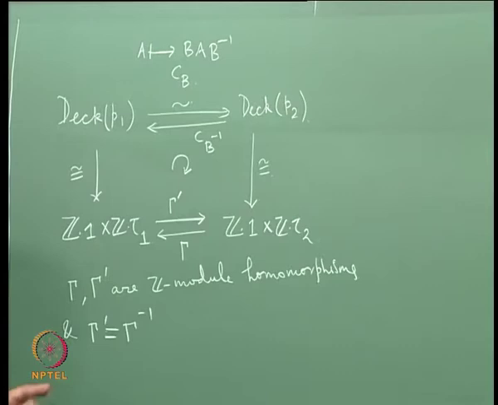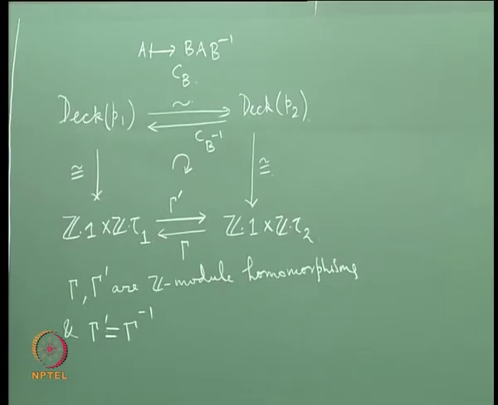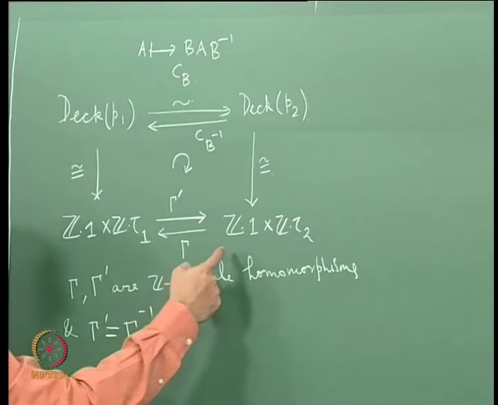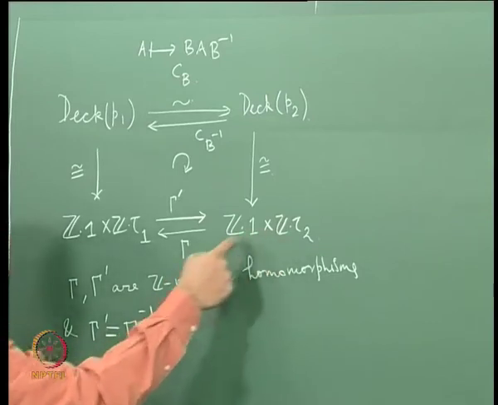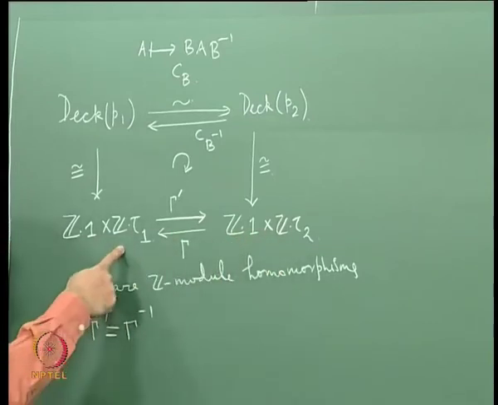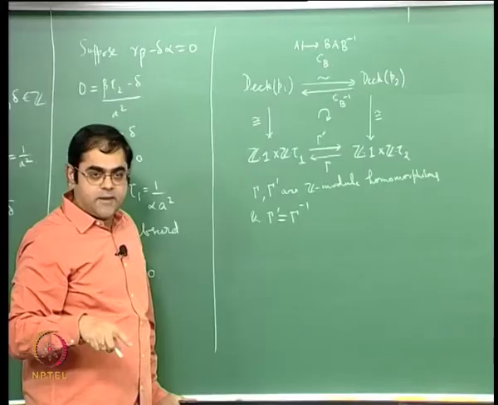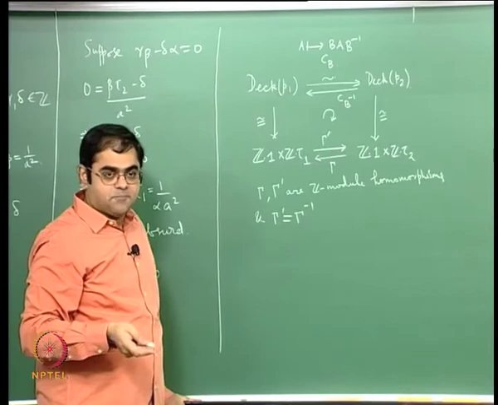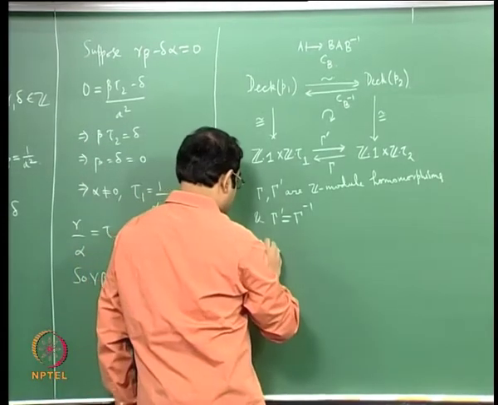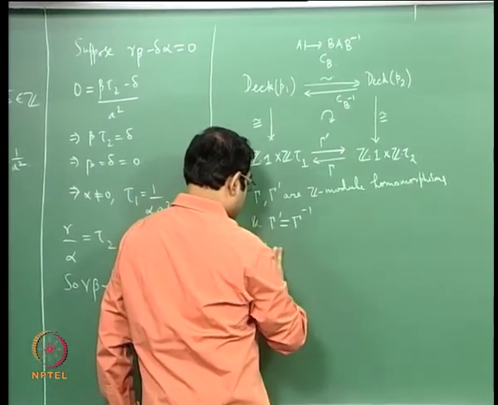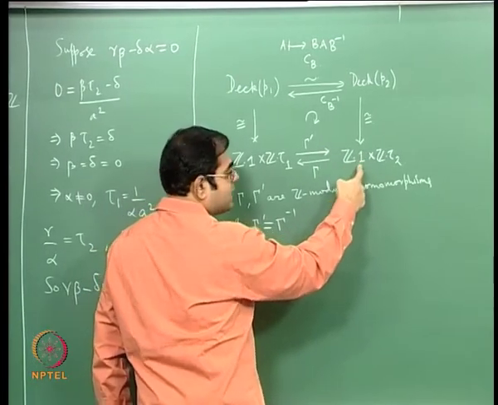Now the important thing is what is the matrix for gamma. Gamma is a map from 2 copies of Z to 2 copies of Z, so it is given by a 2 by 2 matrix with integers in Z. So let us calculate.